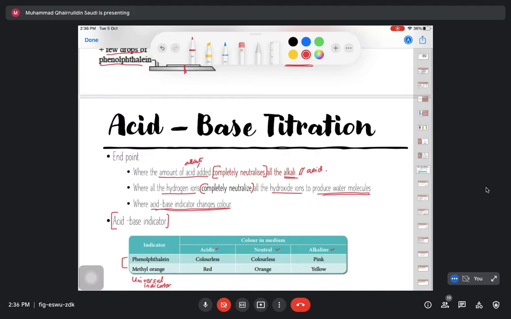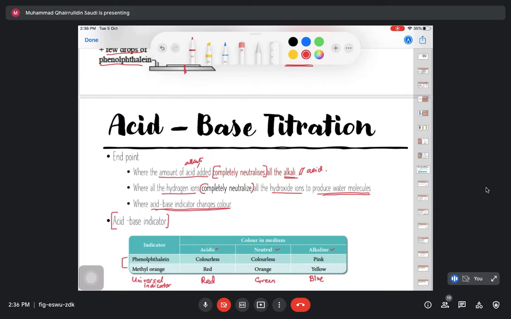Okay. So the color of universal indicator when it is acidic is red. When neutral, universal indicator turns green. And when alkaline, the universal indicator turns blue.